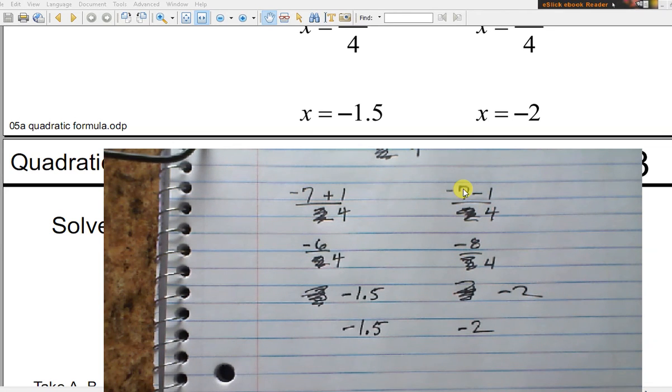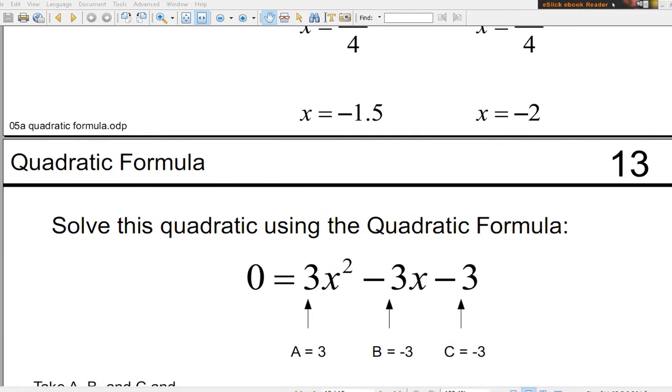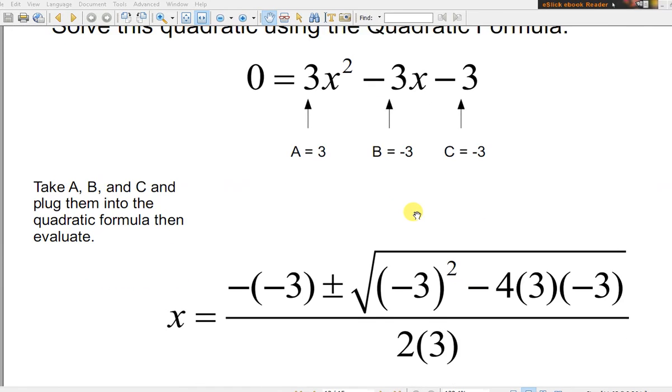All right, let's do one more. Also in our notes, I'm going to solve this one right here.